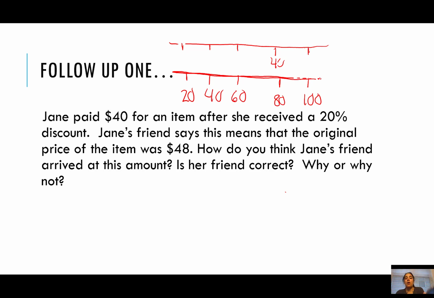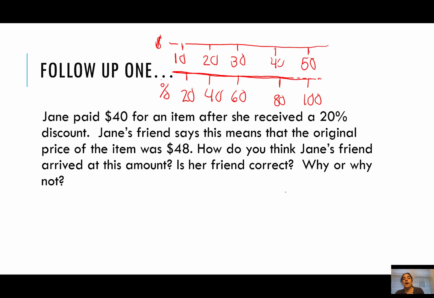So what could I count by that goes blank, blank, blank, 40? I could count by tens, right? 10, 20, 30, 40, 50. If this is the dollars, this is the percentage.